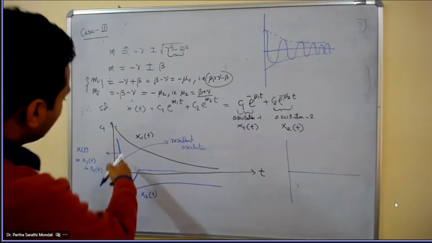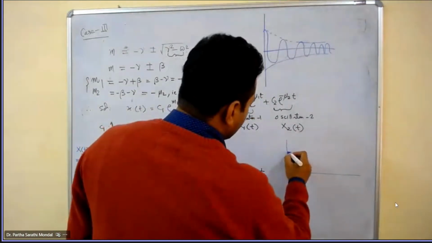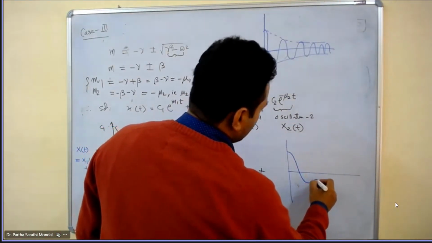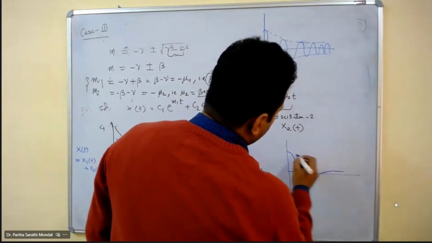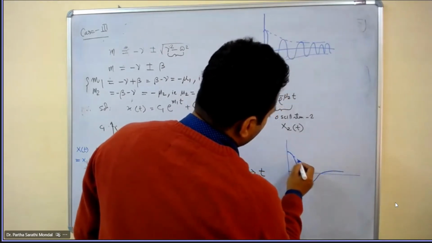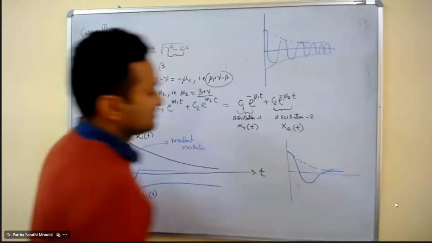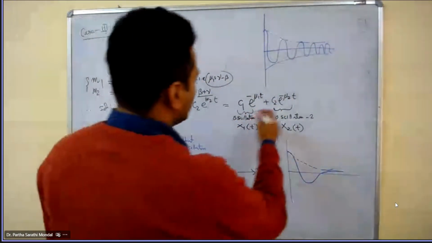So now here if I see, this is the resultant oscillation, like this. So now what is the amplitude? This is your amplitude. Yes, sir. So it is critically damped.